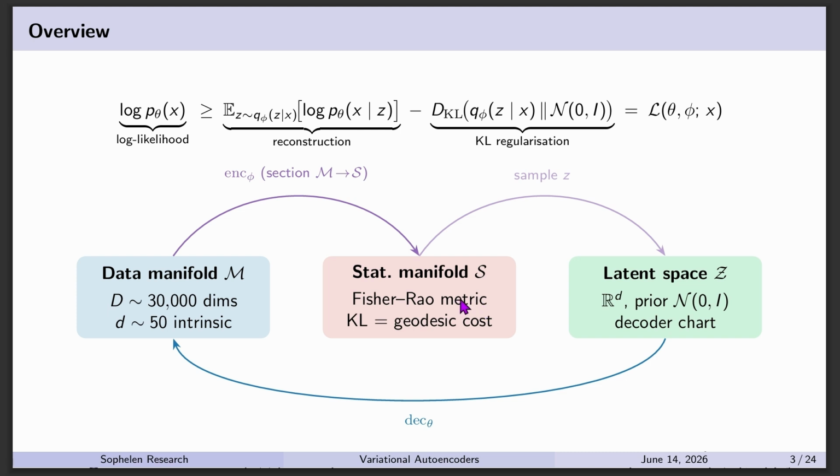And in particular, we don't just embed them or send them to a random point in the statistical manifold. We embed them in such a way that they are very close to a particular distinguished point, and that distinguished point is this Gaussian. So we want these points to go to points that are very near this particular point, okay?